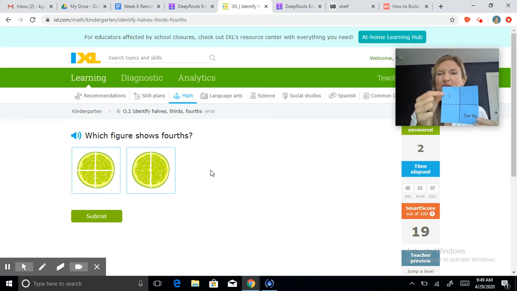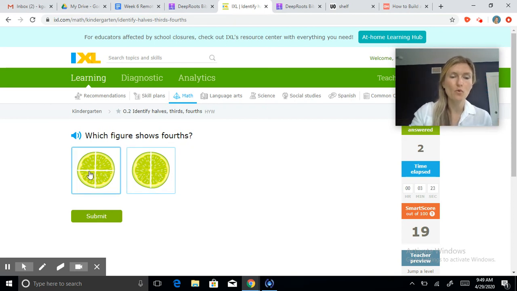You don't need to know this part now. I'm just introducing it to you so that later on, when you learn this in 1st grade or 2nd grade, it will make more sense. But this is called 1/4. This is fourths. So let's look at this line. You have 4 parts and 2 equal parts. So we're going to choose the one that's 4 equal parts.